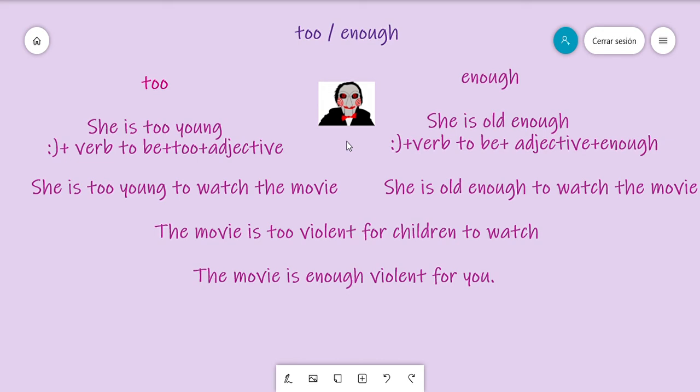So for you it's a normal movie, you don't have a lot of problems with this, and for that reason you use the word enough. That is the way that you can use it. Remember, too is always when it's past the limit, less or more than the limit. And enough is when the thing is in exactly the meaning. So it isn't more, it isn't less, it's just the thing or the adjective that you want to give.